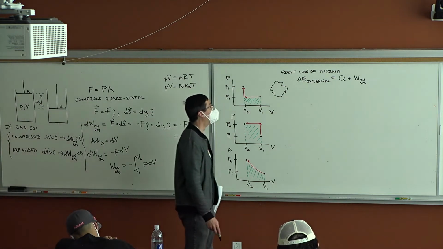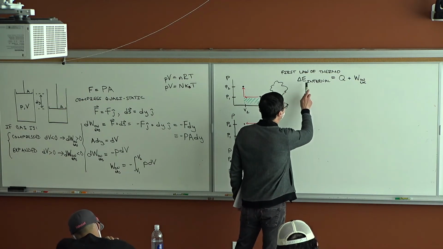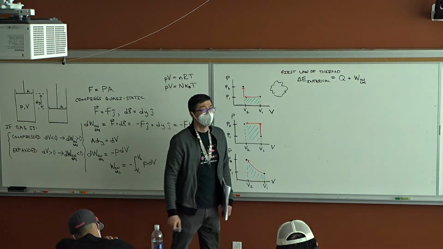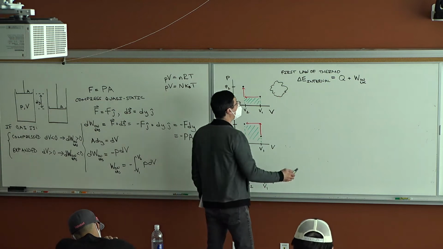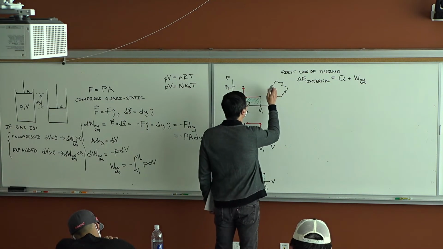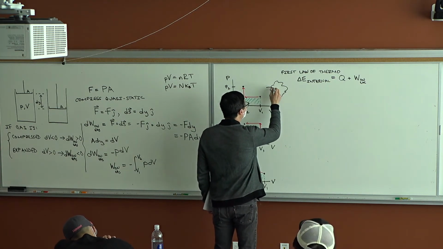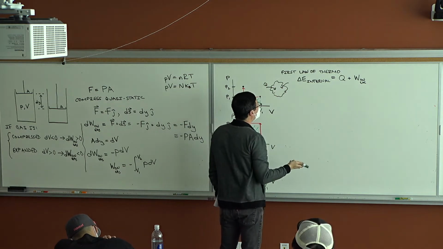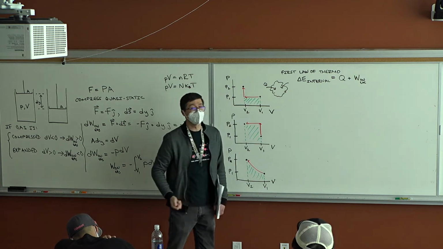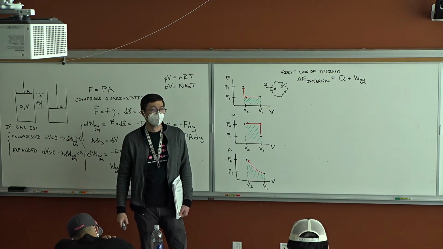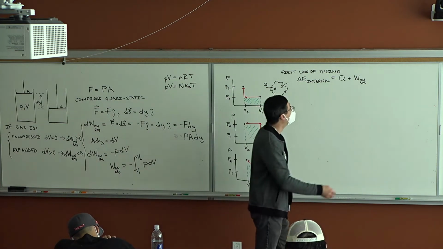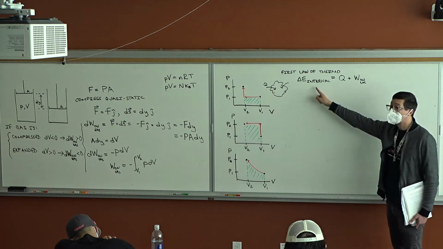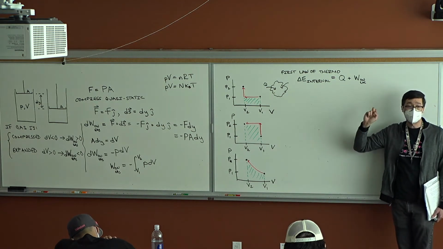So the change in the internal energy is equal to the heat passing through boundaries, plus whatever work is done on the gas. And so you can see that if you do work on the gas, you would expect that the internal energy should go up, yeah?